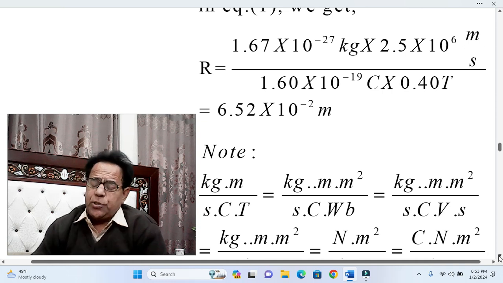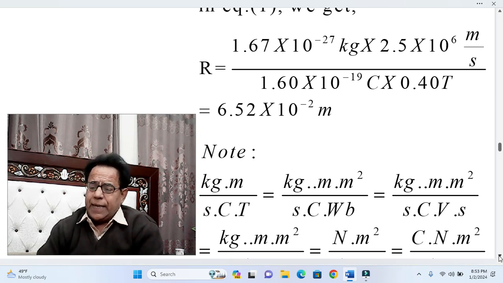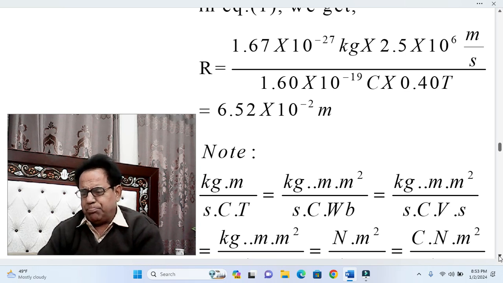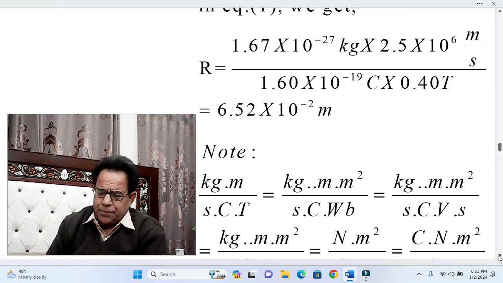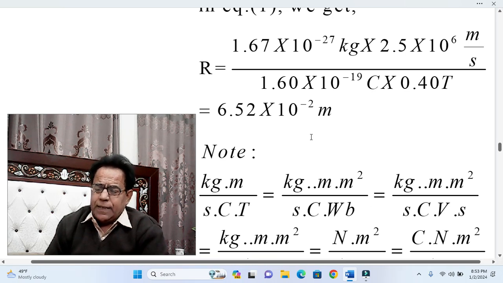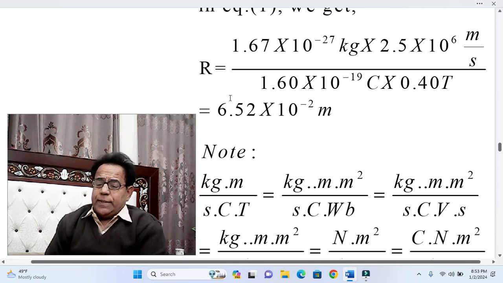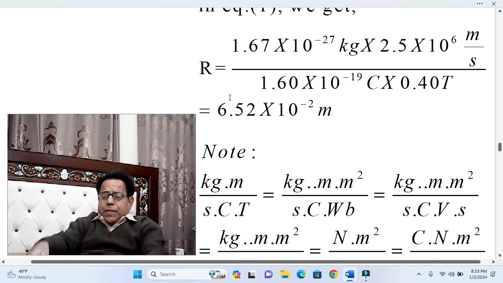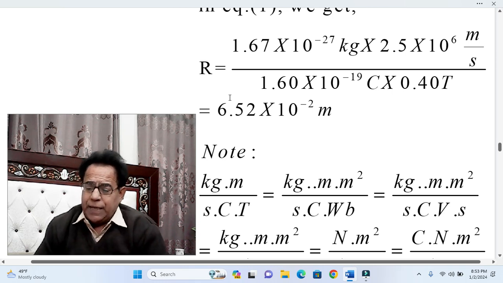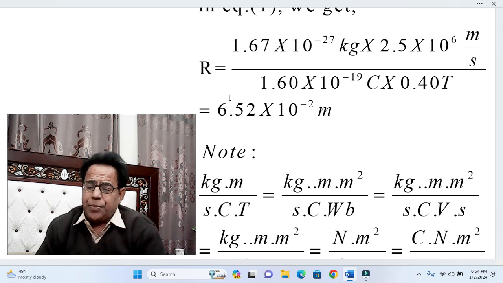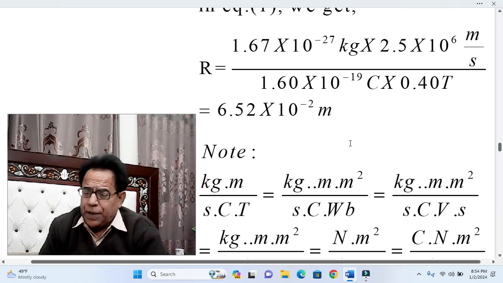Dear students, the situation is quite clear, and next there is just simplification. Our radius R becomes equal to 6.52 into 10 raised to the power minus 2 meter. Dear students, one thing needs to be explained. It is not so simple to convert all these units into one unit, that is meter.